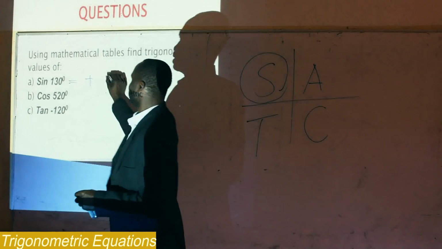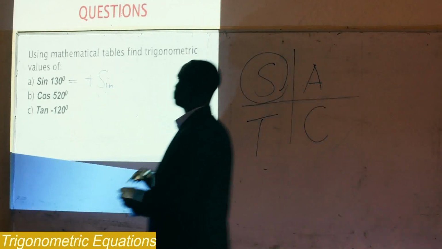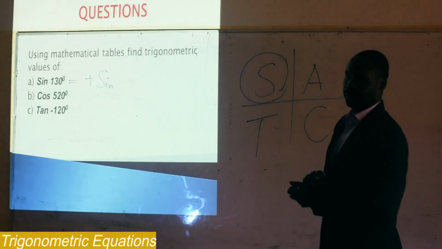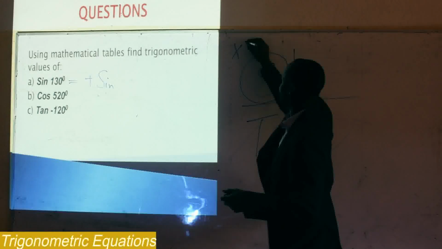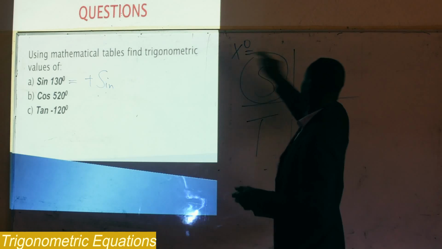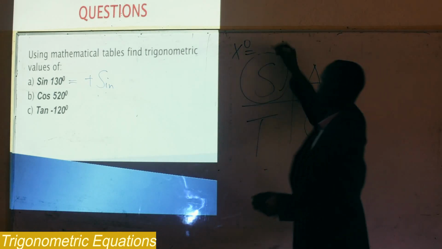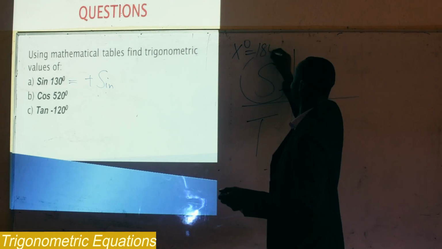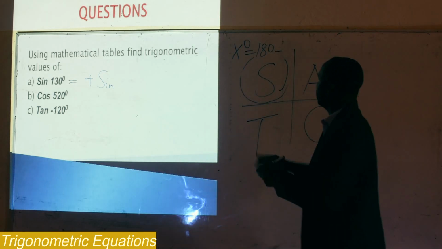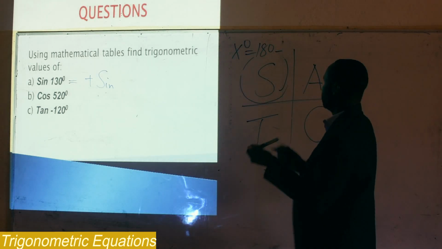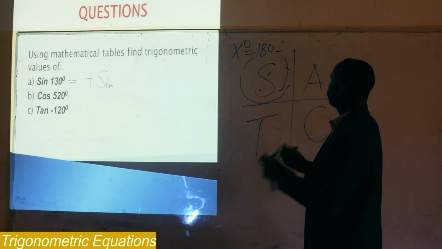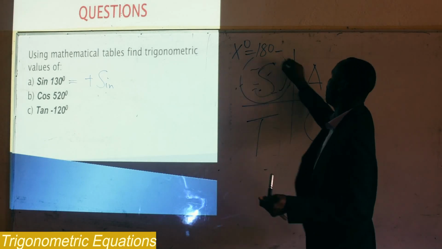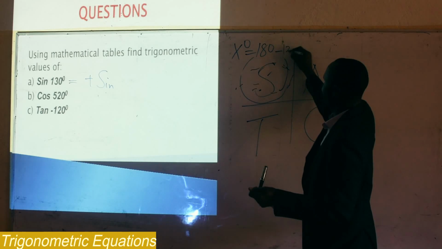Then we talk of sin 130, and we reduce it such that it can be read from our math tables. To reduce it, x degrees equals 180 minus the angle that exists in this quadrant. The angle that exists in this quadrant is called theta, 130.